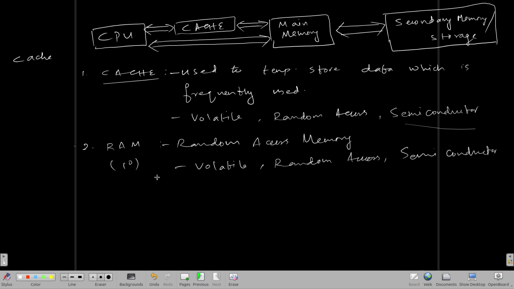Okay, so RAM is a type of main memory. The third one is ROM. It is also a type of primary memory, and it is read-only memory. Here the name is sort of correct.